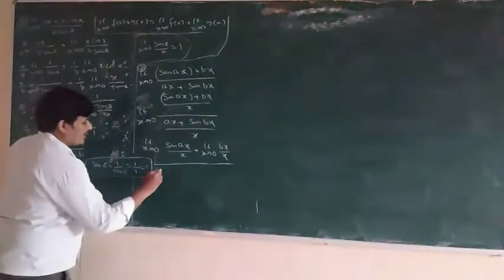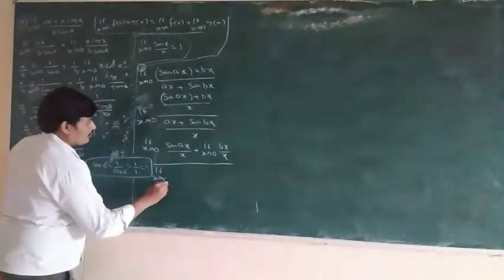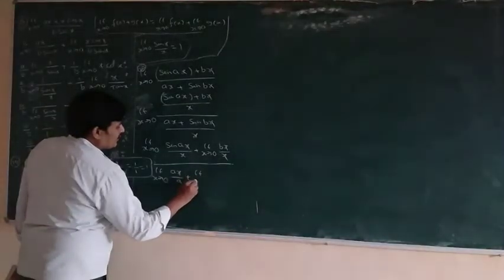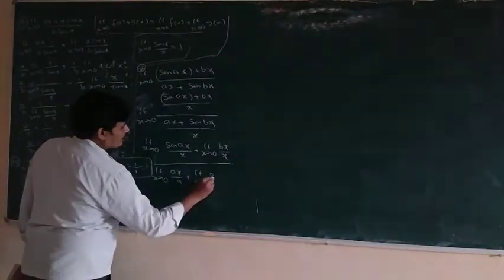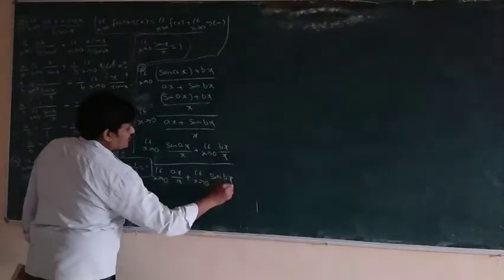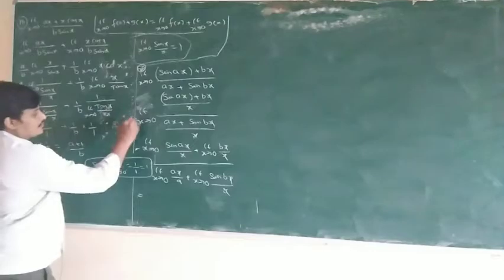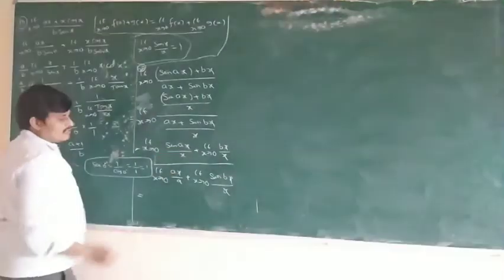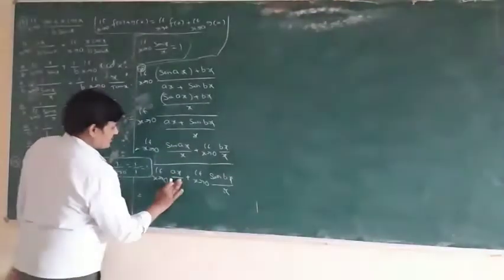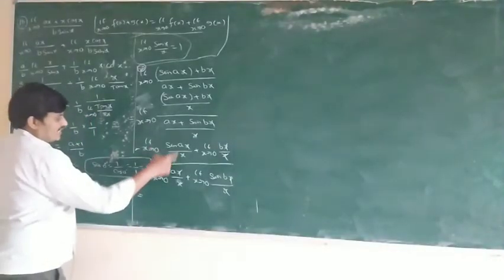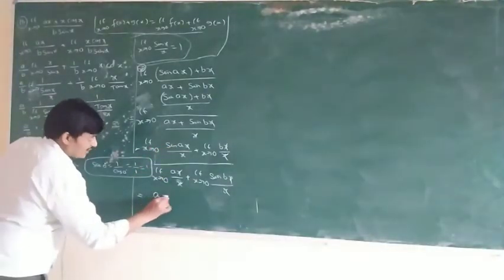In the denominator, limit x tends to 0 of ax by x plus limit x tends to 0 of sin bx by x. So sin ax by x is equal to a; the x's cancel.